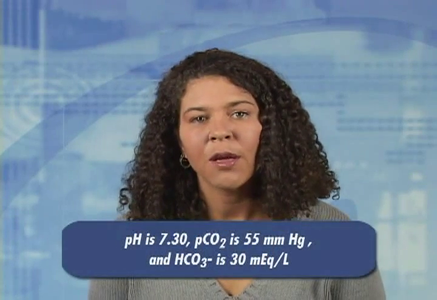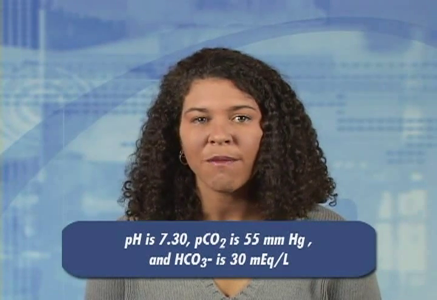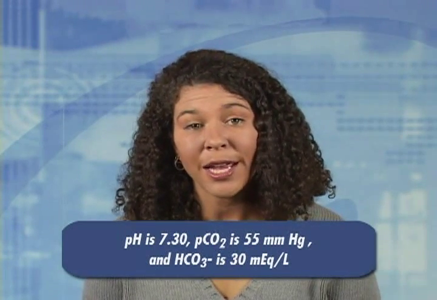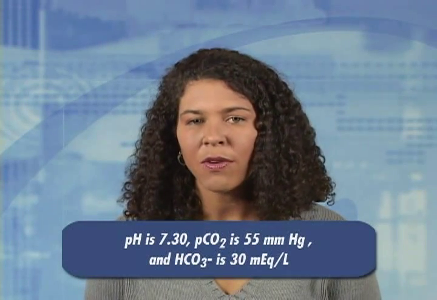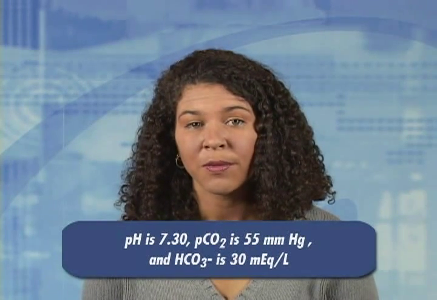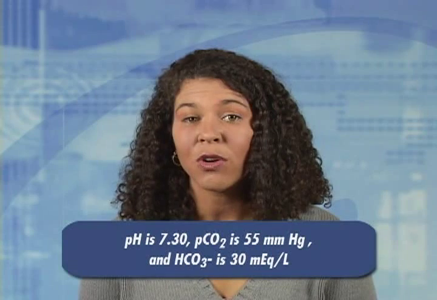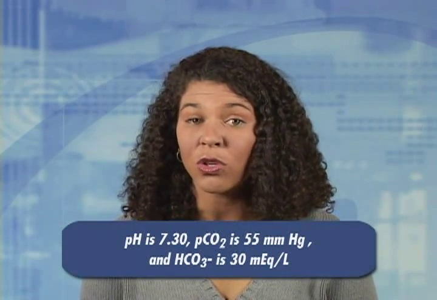Now let's look at an ABG that reflects compensation. Client number 4. pH is 7.30, pCO2 is 55 millimeters of mercury, and HCO3 is 30 milliequivalents per liter. The goal of compensation is always to move the blood pH closer to normal. As you can see, the kidneys are retaining HCO3 to compensate for the elevated pCO2.